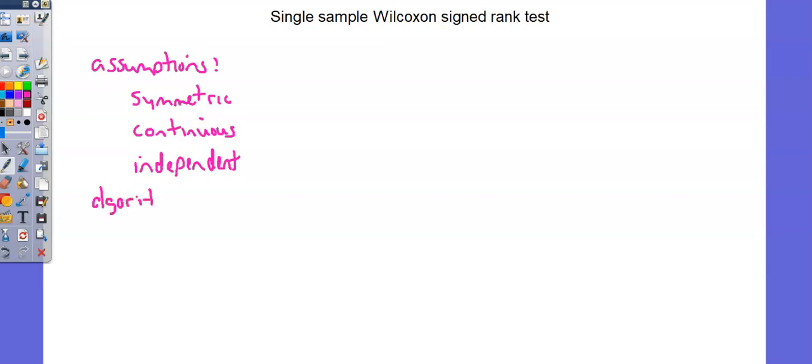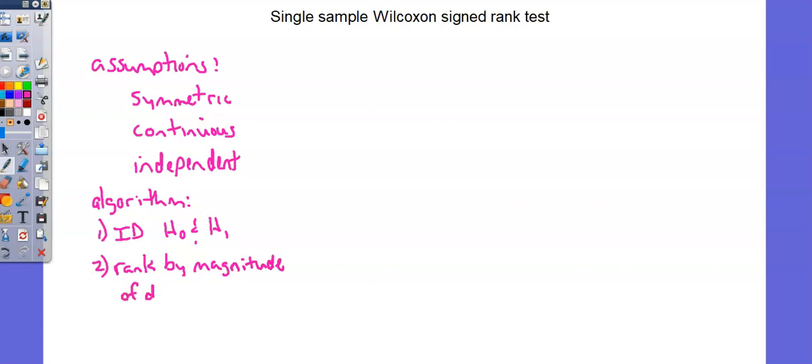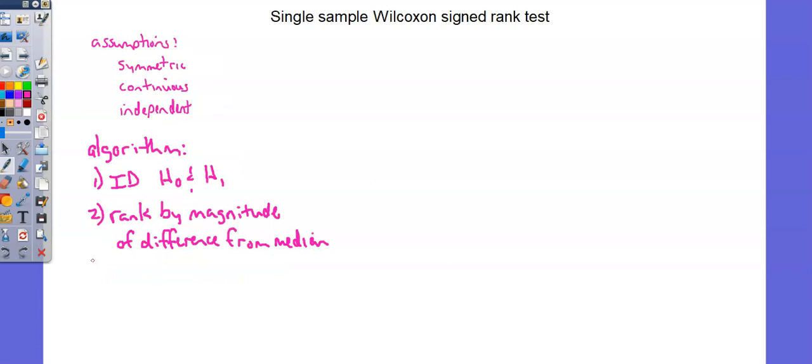The algorithm is 6 steps. 1, identify the null and alternative hypotheses. 2, we want to rank our measurements by magnitude, or absolute value, of difference from the proposed median. 3, add positives and negatives.